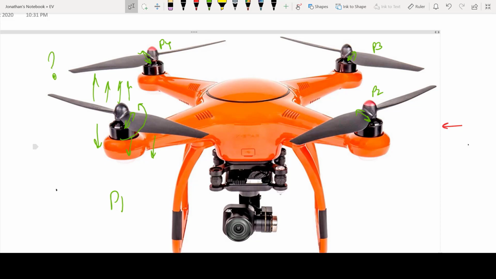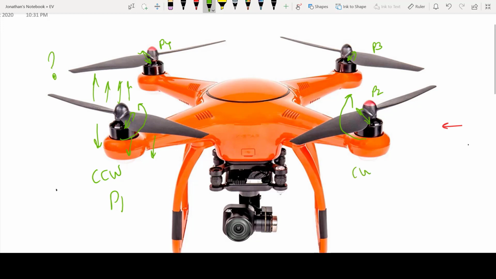Similarly, this particular propeller here, which is P2, because of the angle of attack in this direction, when P2 is rotated in a clockwise direction, so here I will write CCW, which is counterclockwise. If the angle of attack here is in a clockwise direction, it pushes the air downwards, thus causing lift upwards.